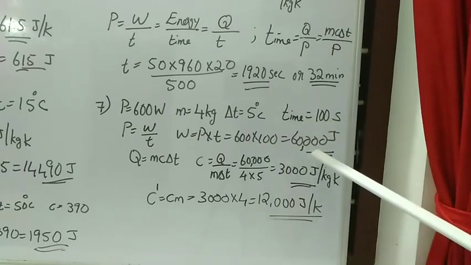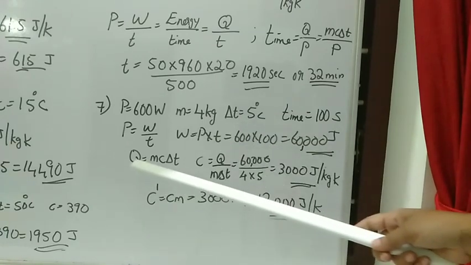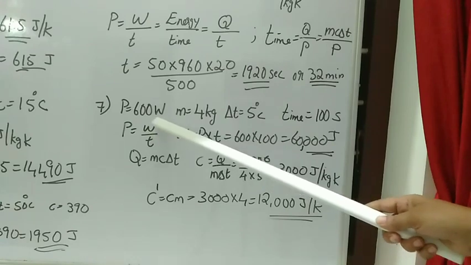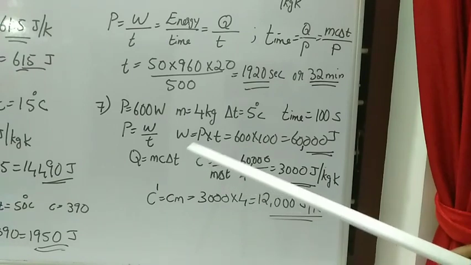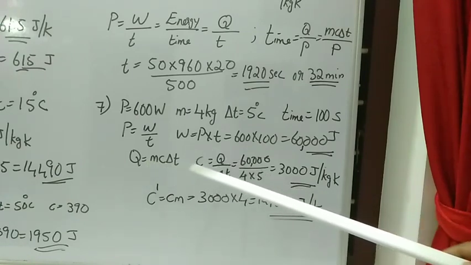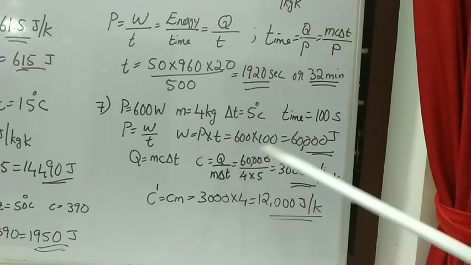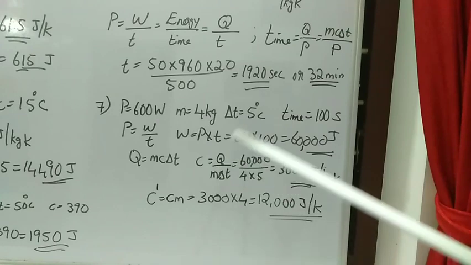So first we have to calculate Q, that is work done. Q is equal to work, as I told in question number 6. Work means energy. Energy means here heat energy, that is Q. So Q is equal to mc delta T. From here C is equal to Q by m delta T. Already we got Q as 60,000, by mass 4 into delta T 5.